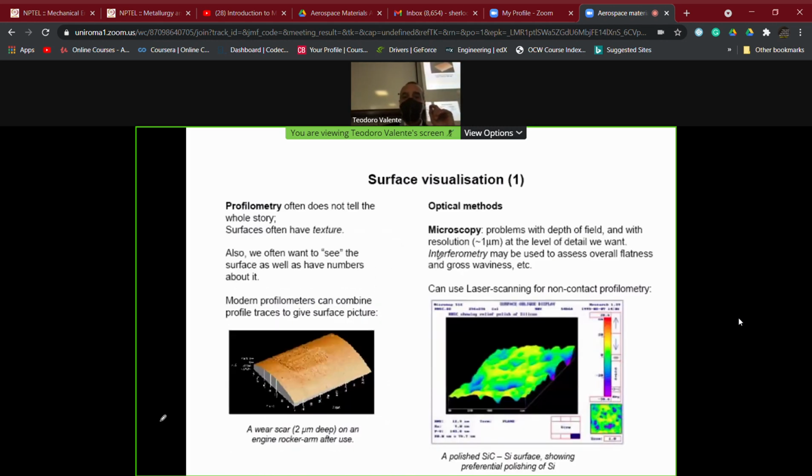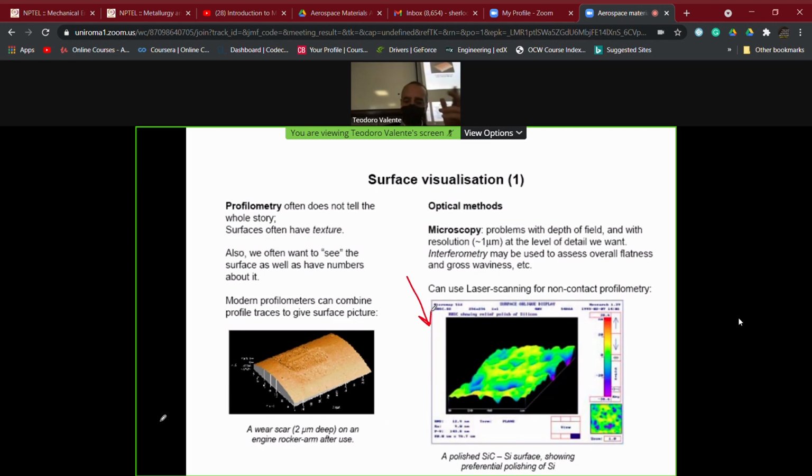Here, for example, to have more detailed information, we can think to use surface visualization methods like optical methods, for example, based on microscopy, giving us results like this one. We can also use profilometry, which is based on laser scanning techniques.